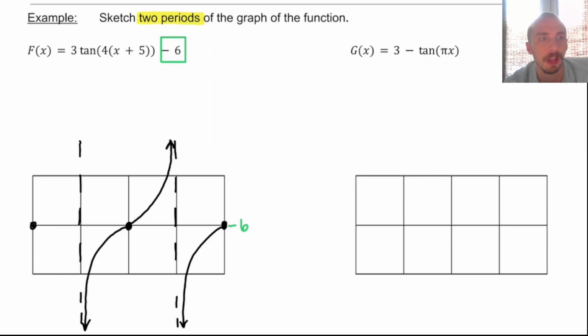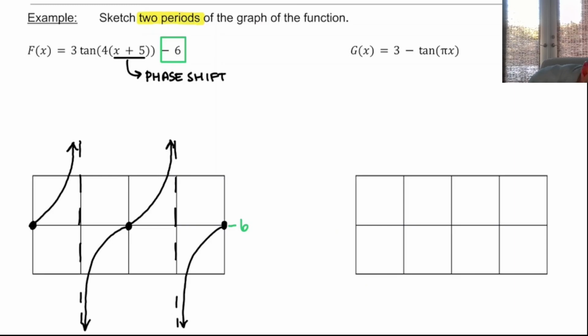Yeah, it's not supposed to be flat at these zeros. It's supposed to have a slope of 1 for reasons that you will see in calculus next year. But for now, that's going to be kind of my skeleton graph. And now all I have to do is figure out the period, because I already have the phase shift, which was negative 5. Okay, that was too slanted. That's better. So that's the phase shift.